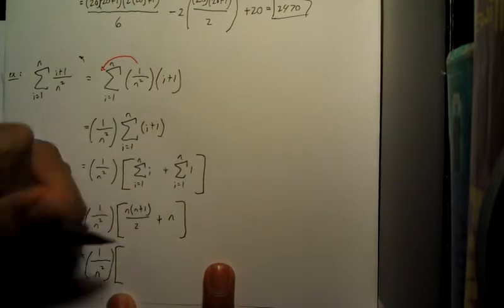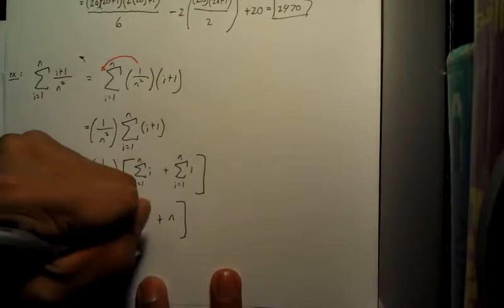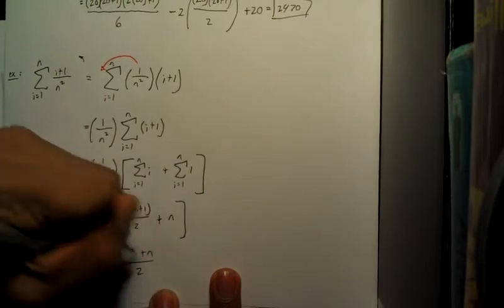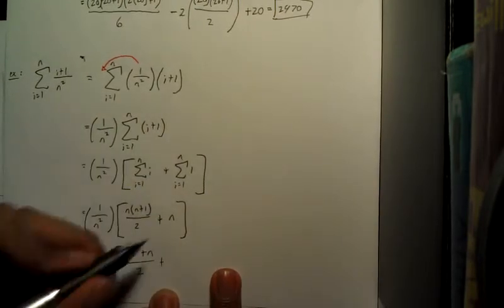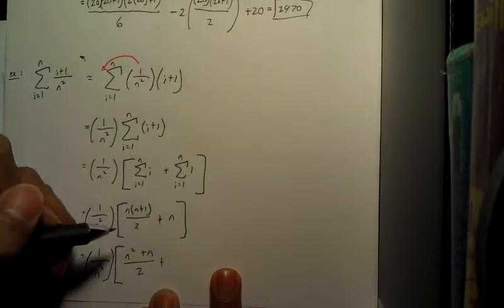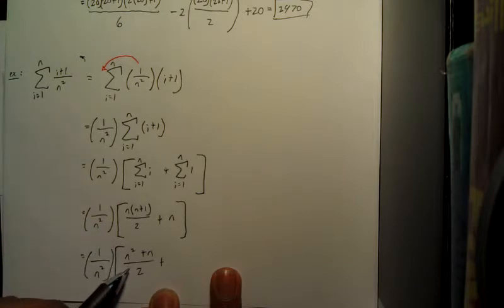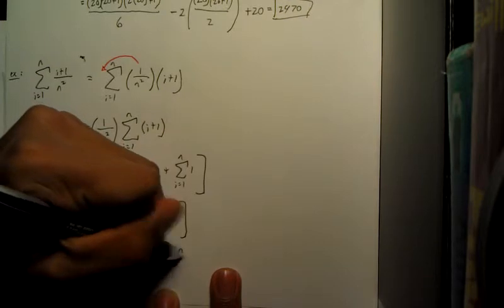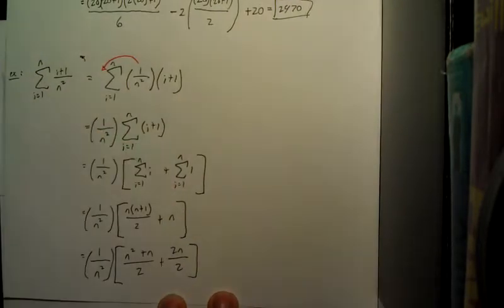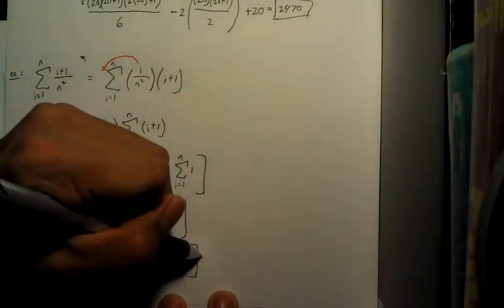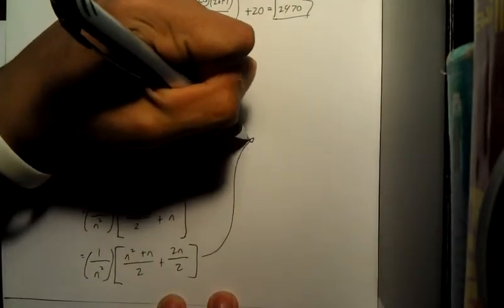Do a little bit of distributing on the inside of the brackets. You can change this n right here in order to get the common denominator as your first term. You can change that to 2n over 2. I'm just going to move the problem up to right here.